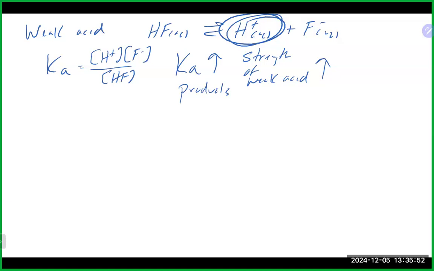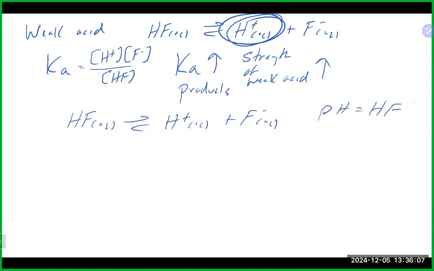Now, we solve these types of problems just like we solve any regular equilibrium problem. So you do need to do an ice table if you want to figure out the pH, for example, of our HF. And again, you would run through your ice table. You would probably have an initial molarity here.